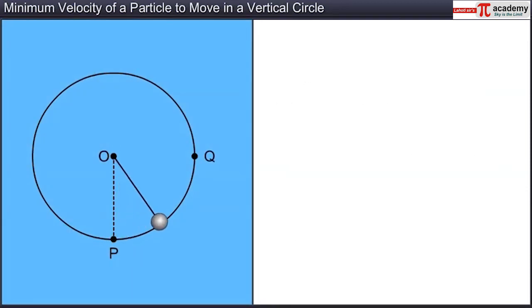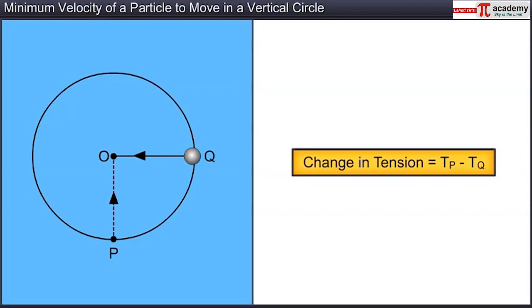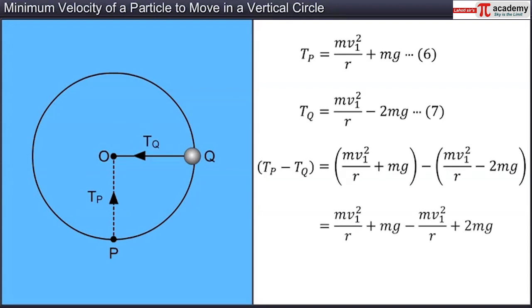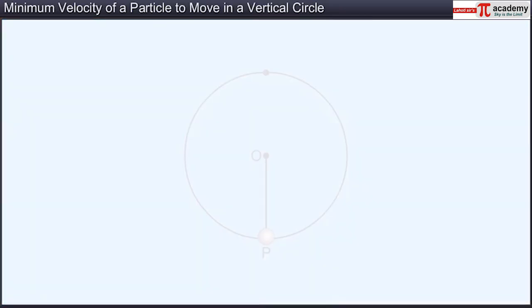When the particle moves from P to Q, the change in the tension can be written as Tp minus Tq. Substituting the values of Tp and Tq from equations 6 and 7 and then solving the equation, we get Tp minus Tq is equal to 3 mg.